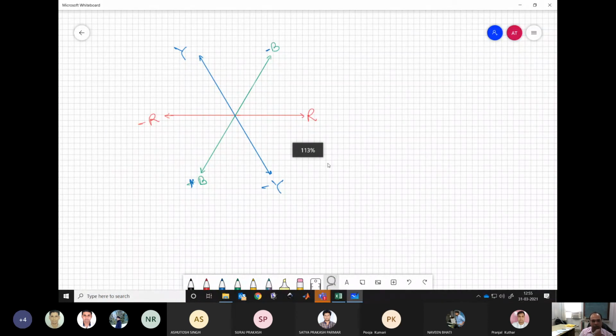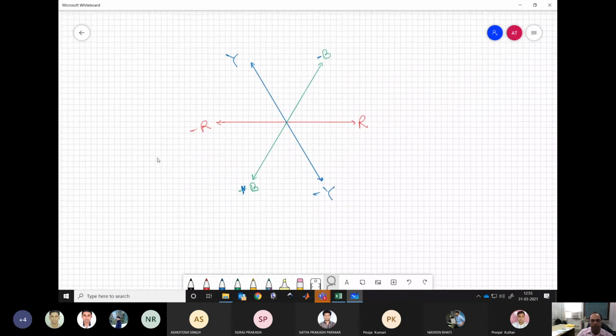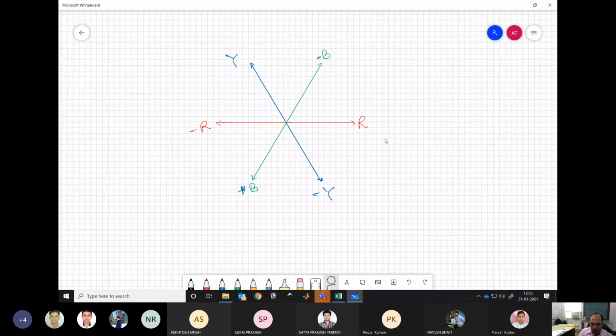R is positive on this axis, R is negative on the other side. Then we have B positive, negative, and then Y positive, negative. And similarly, the vectors are also given. So we have plus, minus, minus, then plus, plus, minus, then minus, plus, minus, minus, plus, plus, and then we have minus, minus, plus, plus, minus, plus. This is clear. And we have zero vectors minus, minus, minus and plus, plus, plus at the origin. So we have given some numbers also to these switching states.